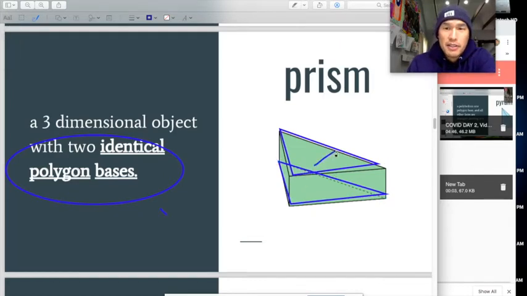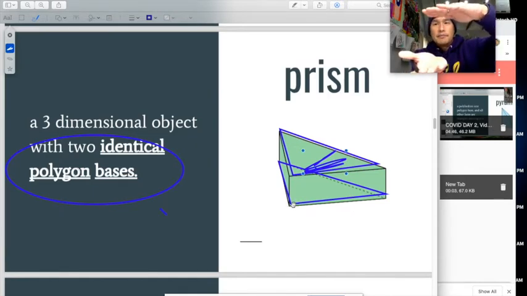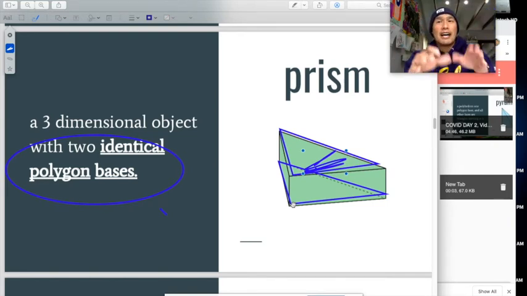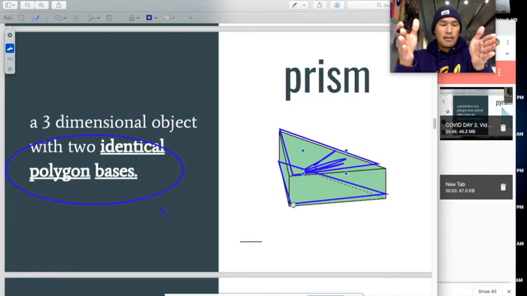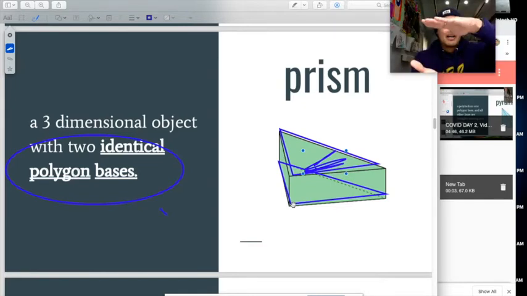They're polygons because they have straight lines. And one's on top, one's on the bottom. Sometimes the bases, if the prism is laid on its side, are on the left and right. So you have to look. You have to make sure you understand which side the prism is on and what the actual bases are.